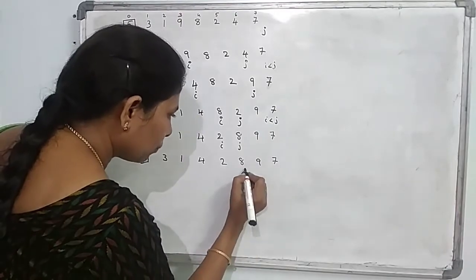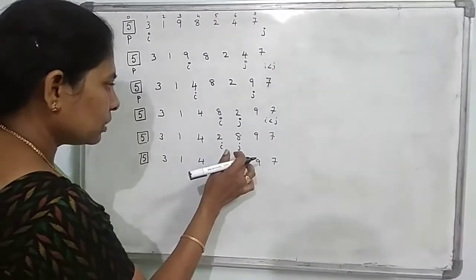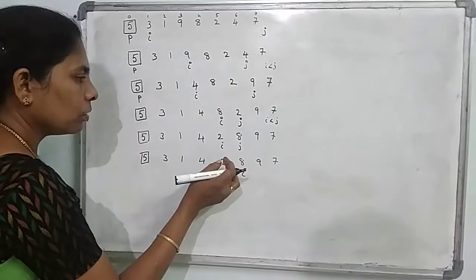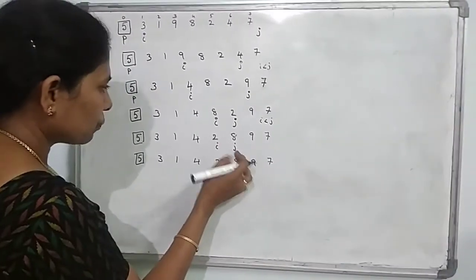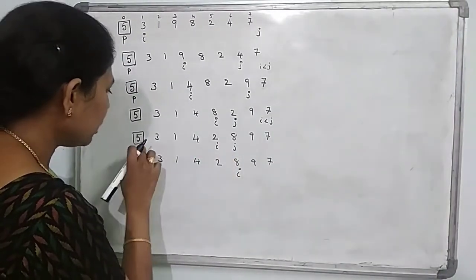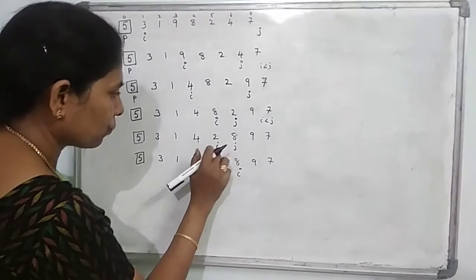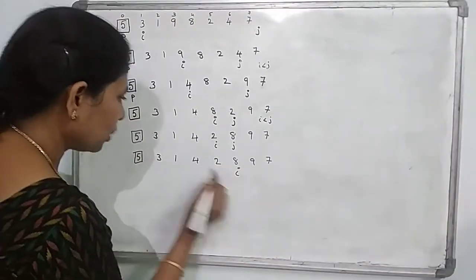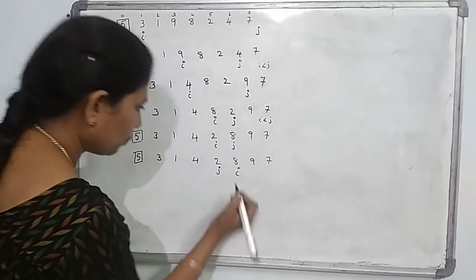So now I comes to this position. J, we already compared this one. 8 is greater than 5. So again you can skip this one. Now 2 is less than 5. So this is the J position.